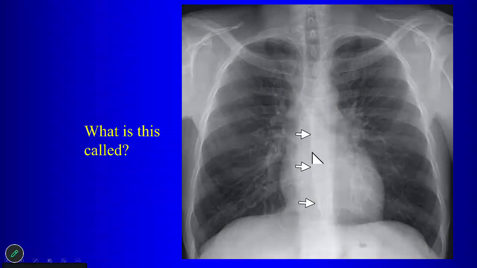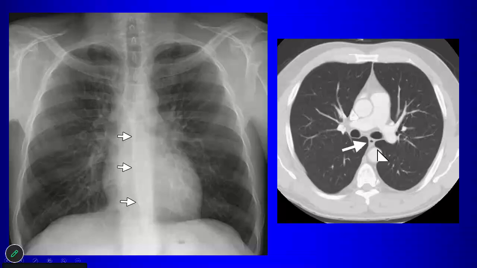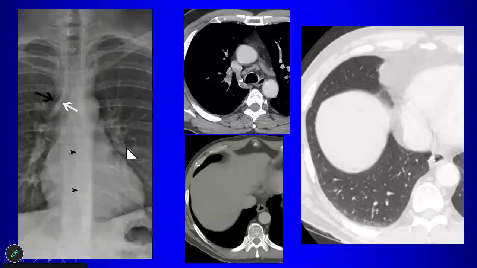All right. This line is the azygoesophageal line. So that is the pleural reflection against the esophagus and the azygos vein along the mediastinum. The lung that goes in there is called the azygoesophageal recess.